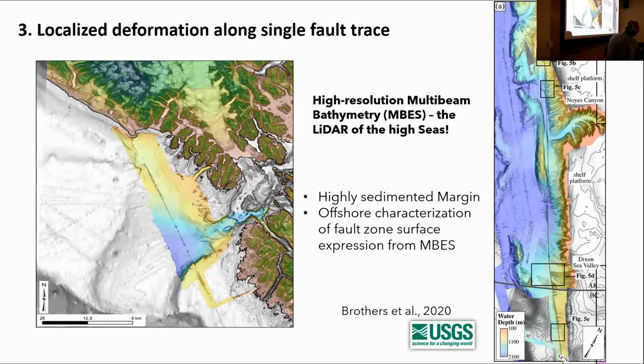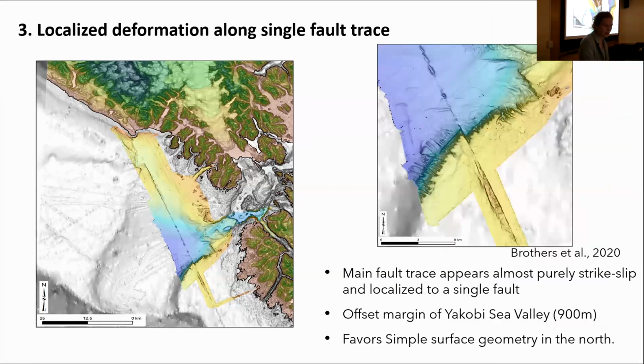In particular, if we zoom in on this box in the northern section, this is what we're looking at on the left here. I have another zoom in of this portion, which is a sea valley, a kind of glacially formed outwash channel, probably formed during the last glaciation 10 or 12,000 years ago.